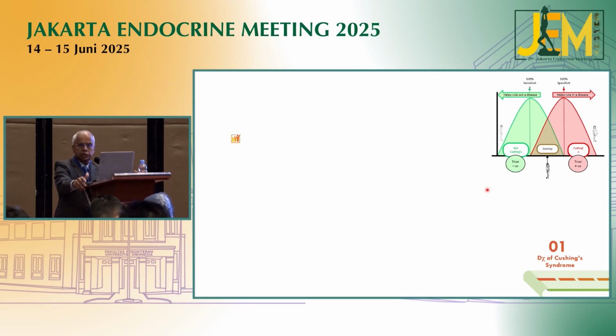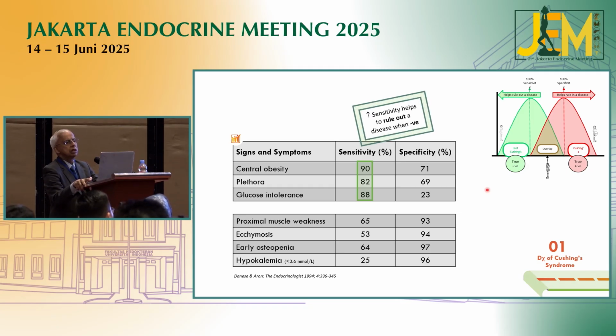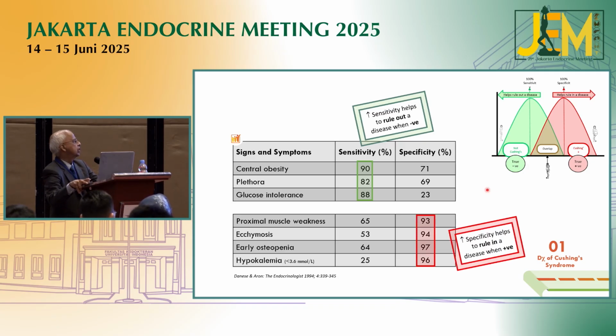How can we use this data clinically? Based on studies, if you see the green, if the patients do not have these, you tend to rule out Cushing's. If they have this, you're almost sure to deal with Cushing's. So the good signs that make you suspect this is Cushing's are the signs of protein catabolism. That's the easiest way to remember.